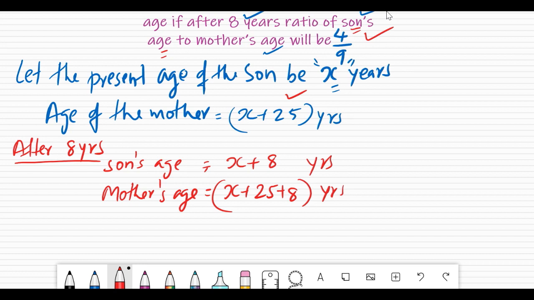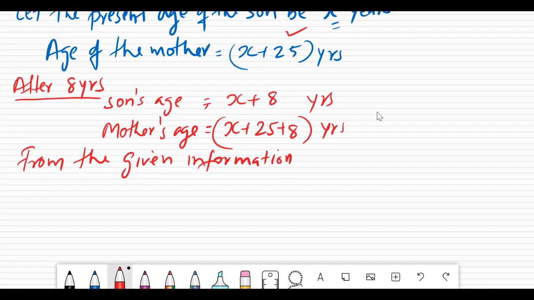So from the given information, son's age upon mother's age will be 4/9 after 8 years. So we will write x plus 8, which is son's age after 8 years, x plus 25 plus 8 is x plus 33, will be equal to 4/9.